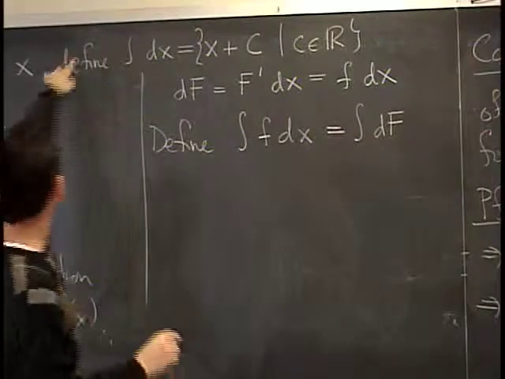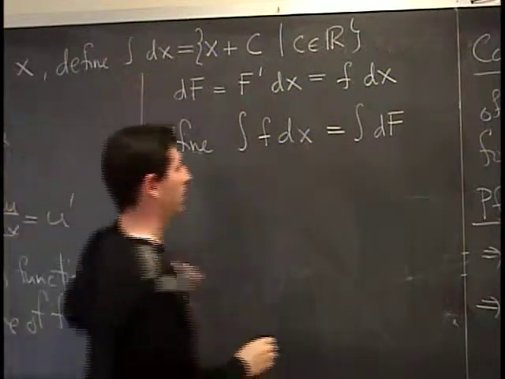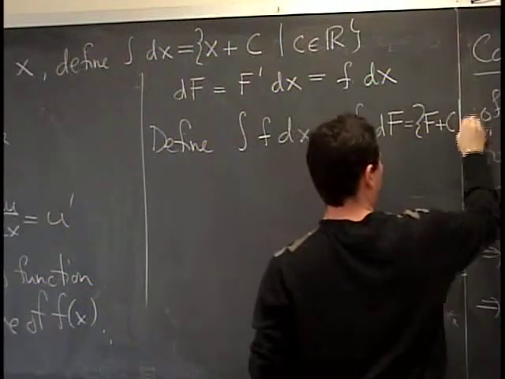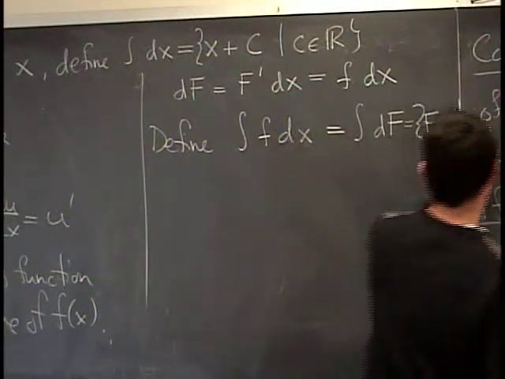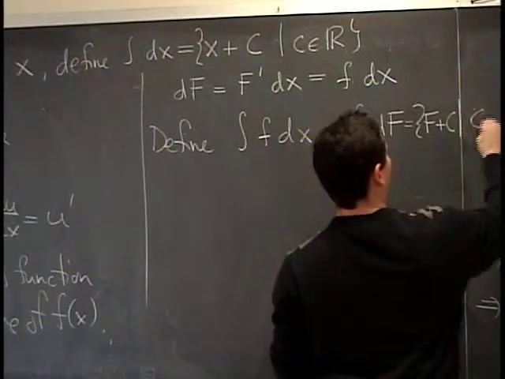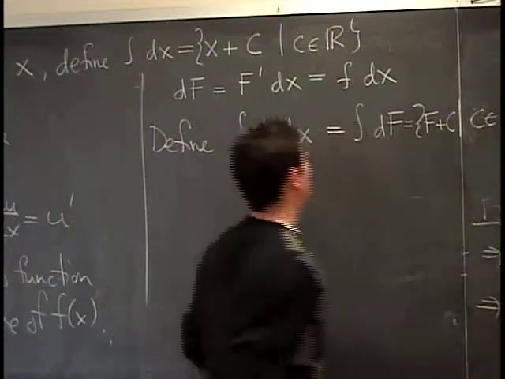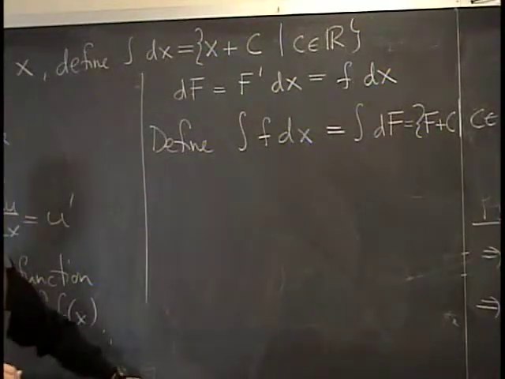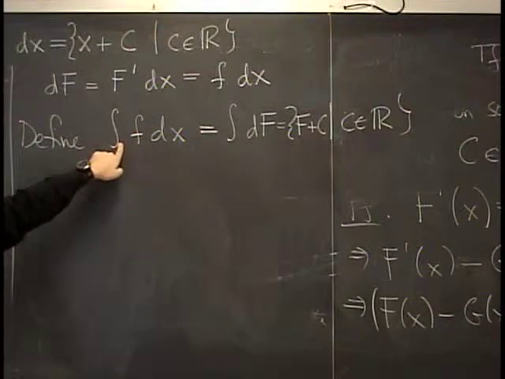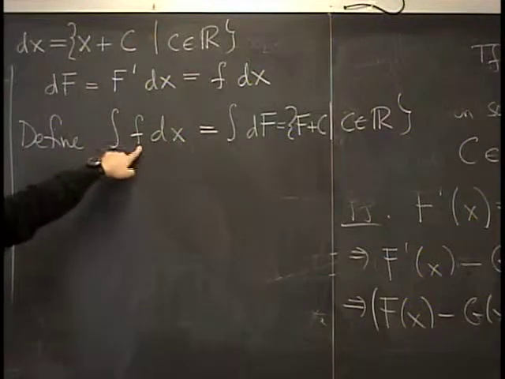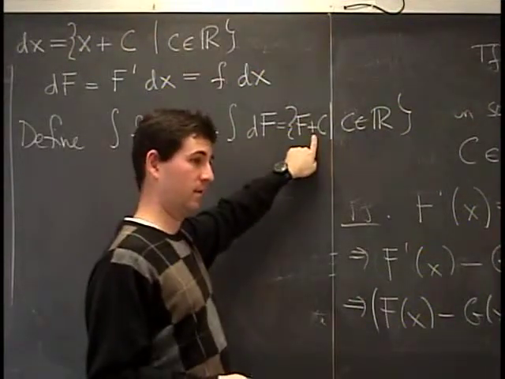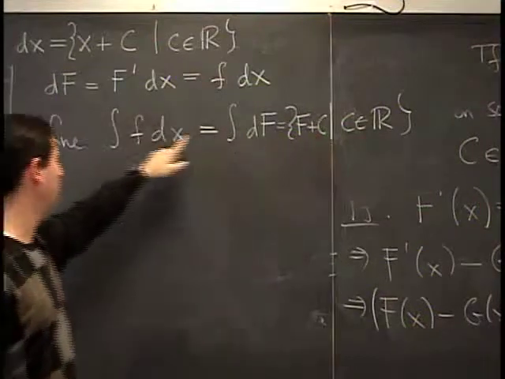And of course, we defined what the integral of dF is. It's just F plus c, where c runs through all real numbers. I need more space. Okay. So the integral, or the antiderivative, either one, of f dx is defined as the set of all antiderivatives.